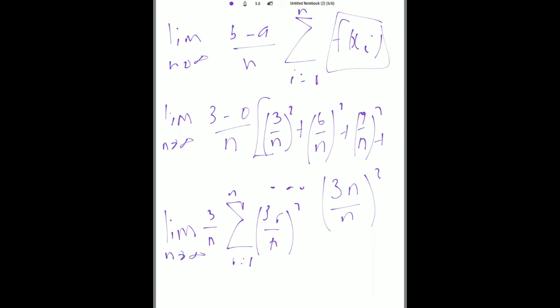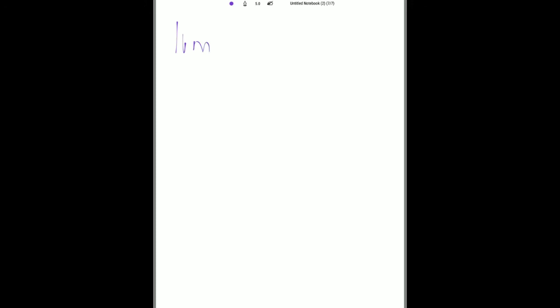So let's go to the other page now and simplify this. We want it looking as clean as possible. So we have 27 over n cubed times the sum of r squared from r equals 1 to n as n approaches infinity. Now, hopefully you remember from mathematical induction that you were supposed to prove that this summation was equal to something.